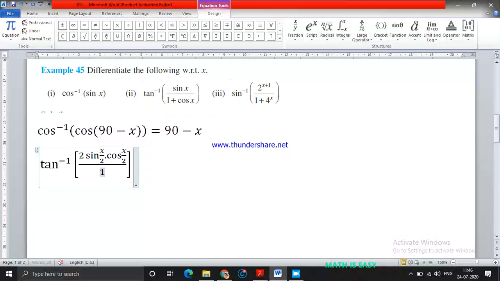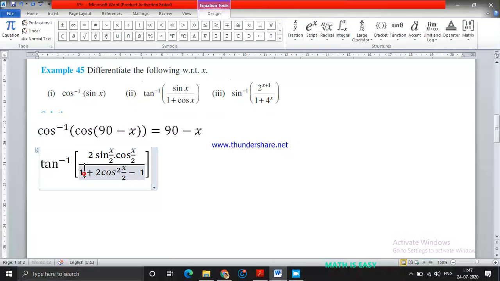So here you can write 1 plus, I put minus outside, 1 plus 2 cos square x by 2 minus 1.